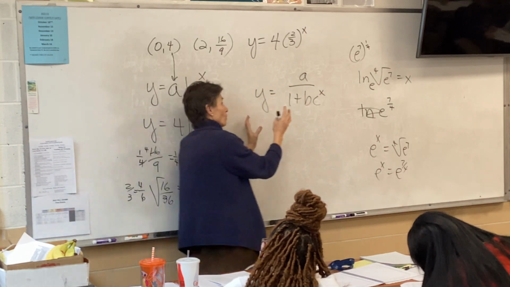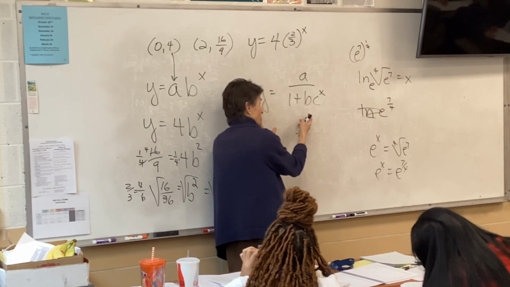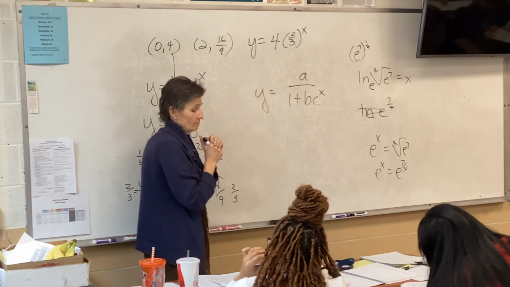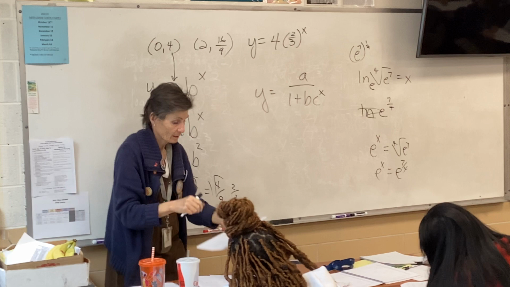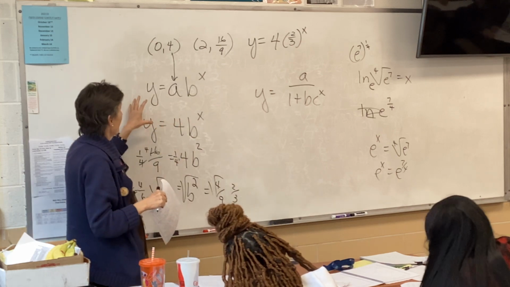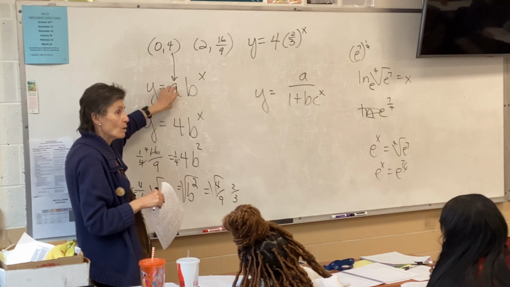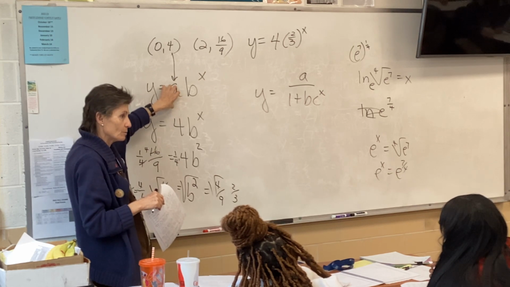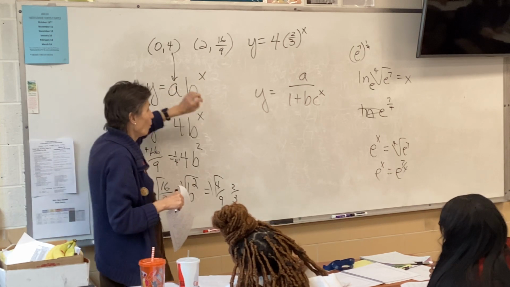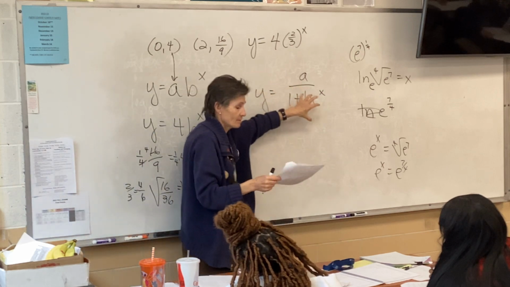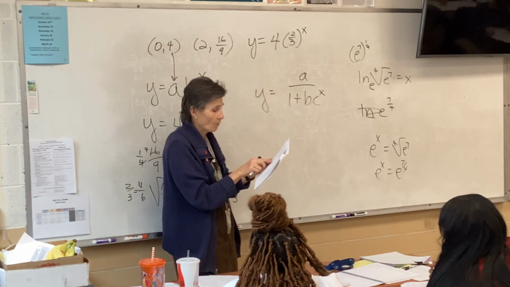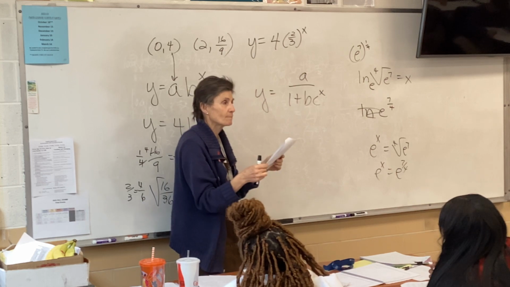The general form of a logistic, right here. In the last problem, we could just stick in the 4 for the a because we know that number is the initial value. Okay?